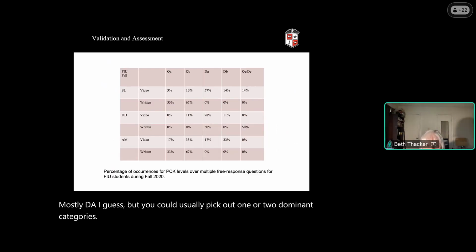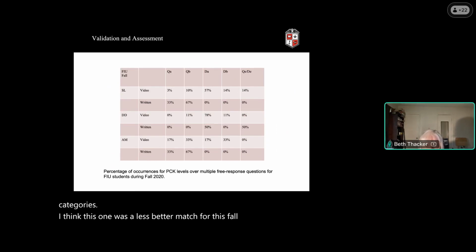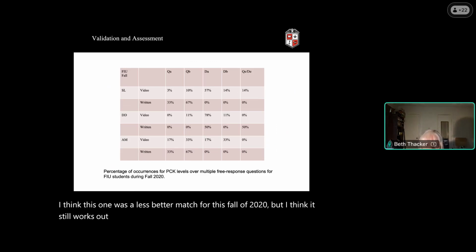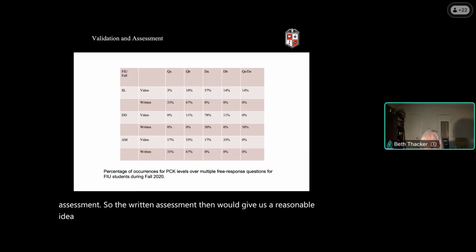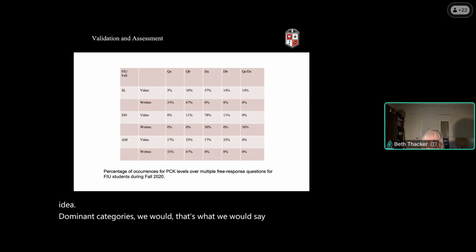I think this one was a less better match for this fall of 2020, but I think it still works out in a similar manner. Usually you can pick out the dominant categories. So that's the extent to which the video matched the written assessment. So the written assessment then would give us a reasonable idea of the dominant categories. That's what we would say about our instrument.